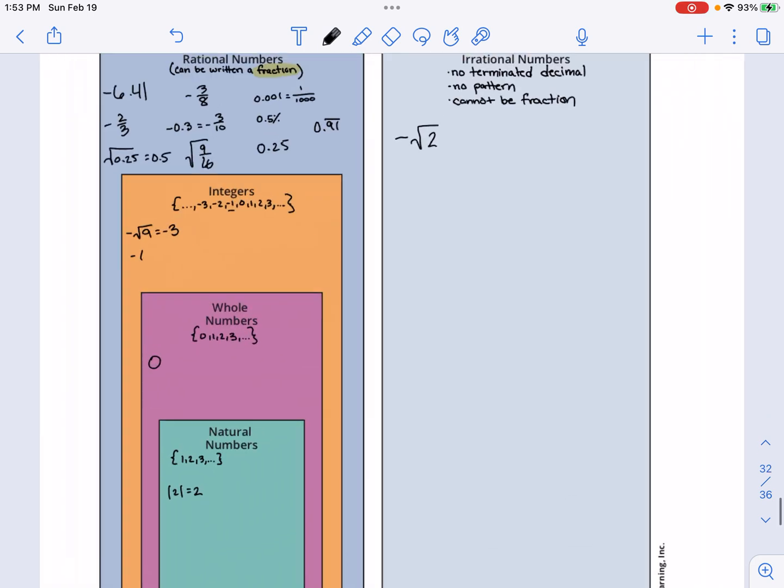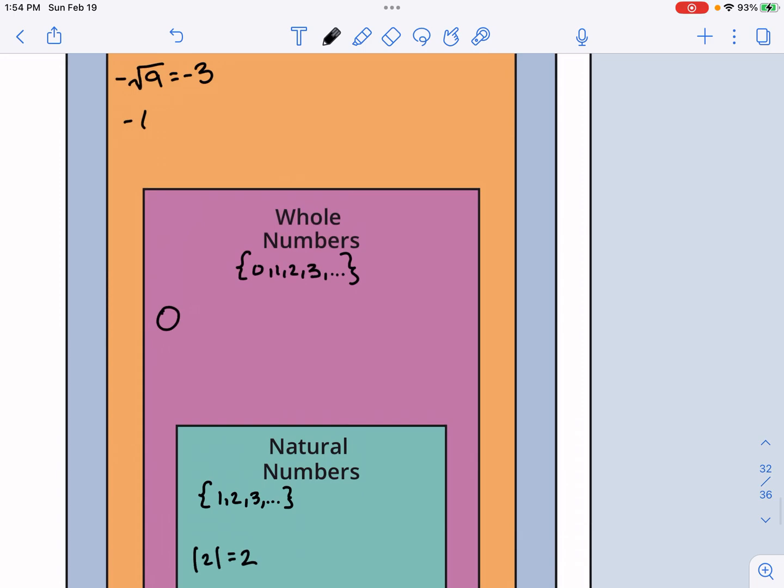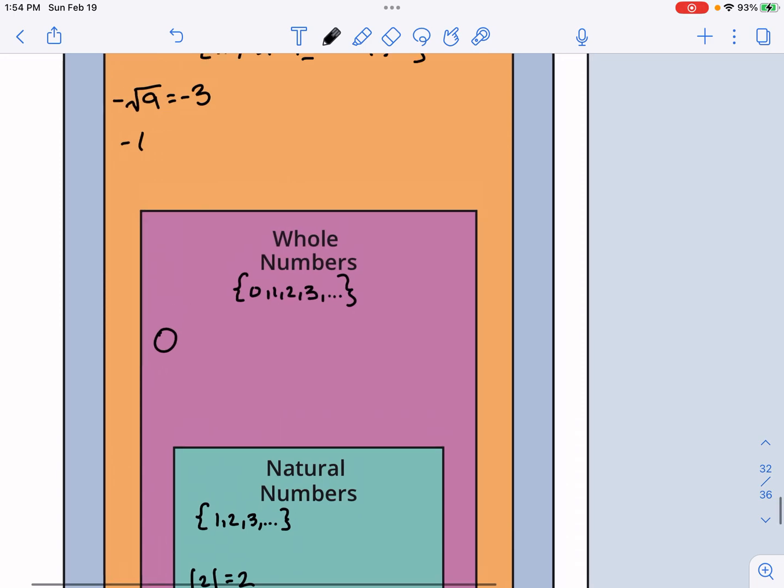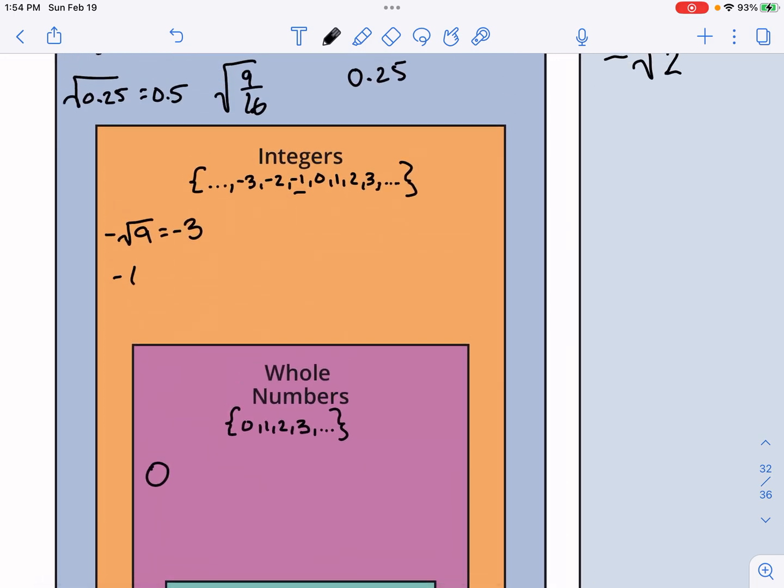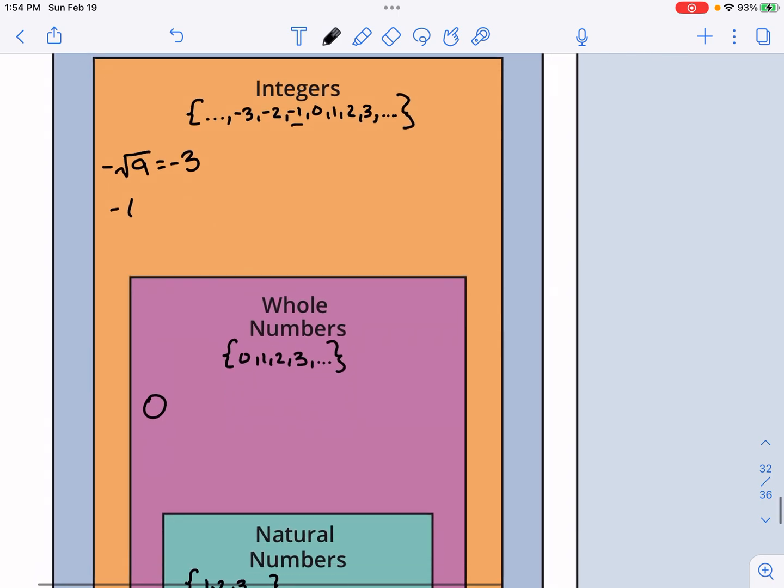So this pink region here, notice how that's in this orange region. A number can be a whole number like this 0 here, but it can also be an integer. So the statement, a whole number is always an integer. That's within this bigger group, so this is true.